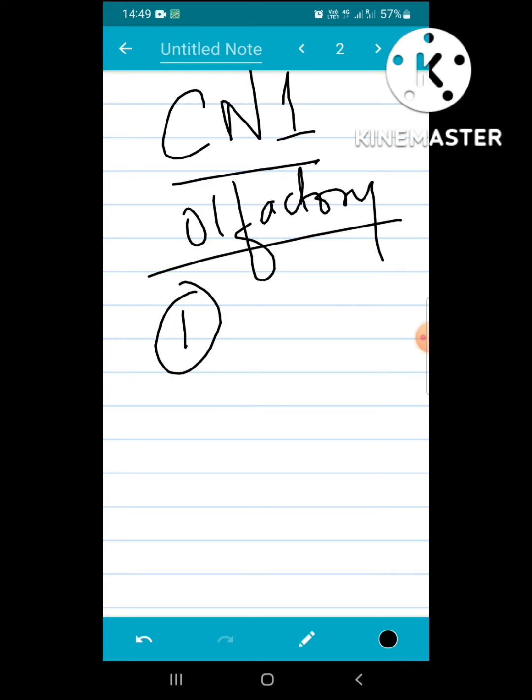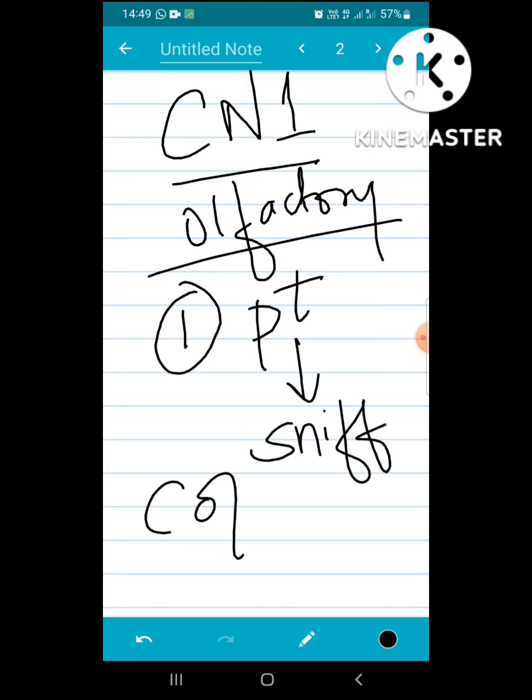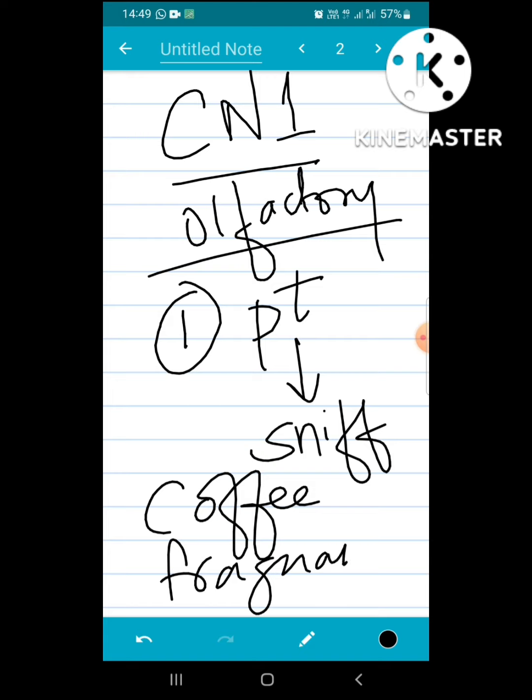When the patient comes, you have to ask the patient to sniff, that is, to smell various non-irritating substances. You can have coffee powder in a bowl, or any fragrance which is non-irritating.